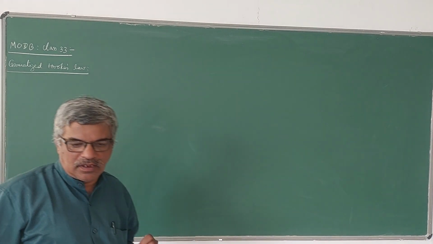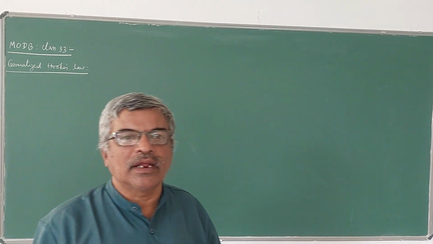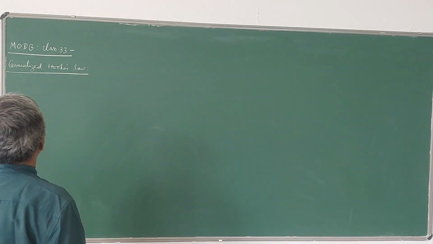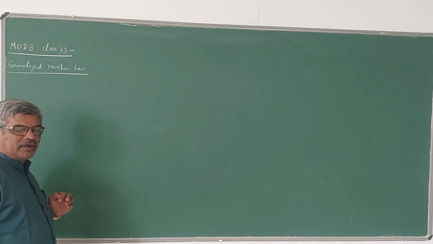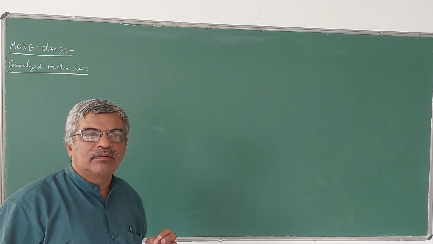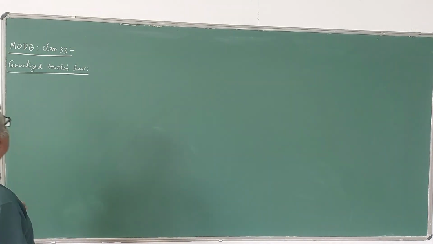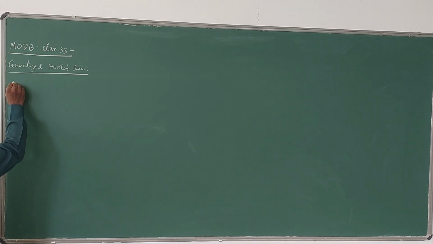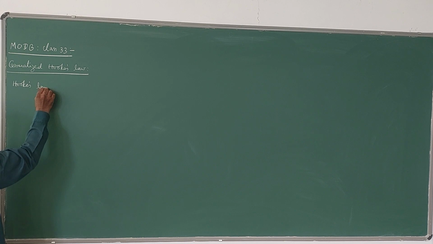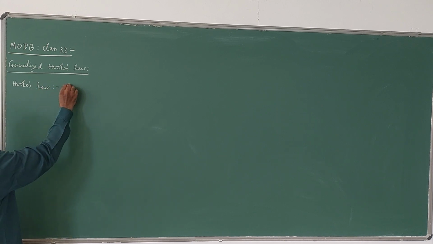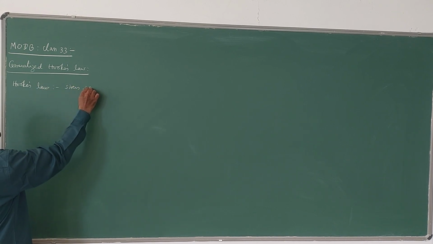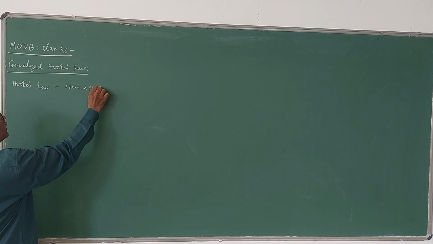So in this class, I will explain about generalized Hooke's law, which is a very important principle in mechanics of deformable bodies. About Hooke's law, all of you know, within elastic limits, stress is directly proportional to strain. So this is Hooke's law.